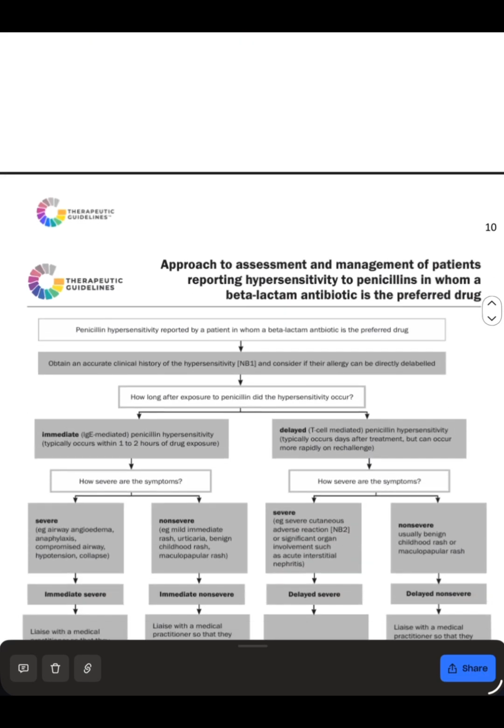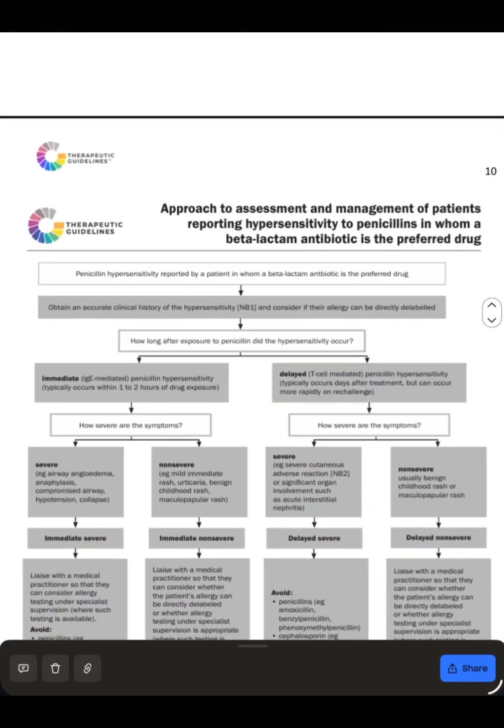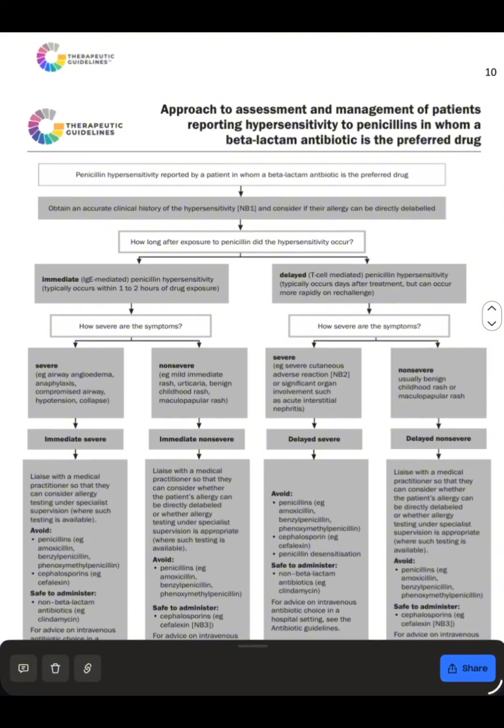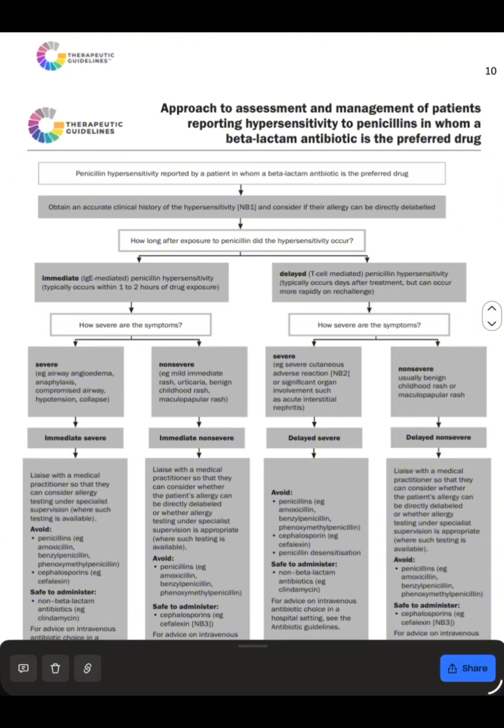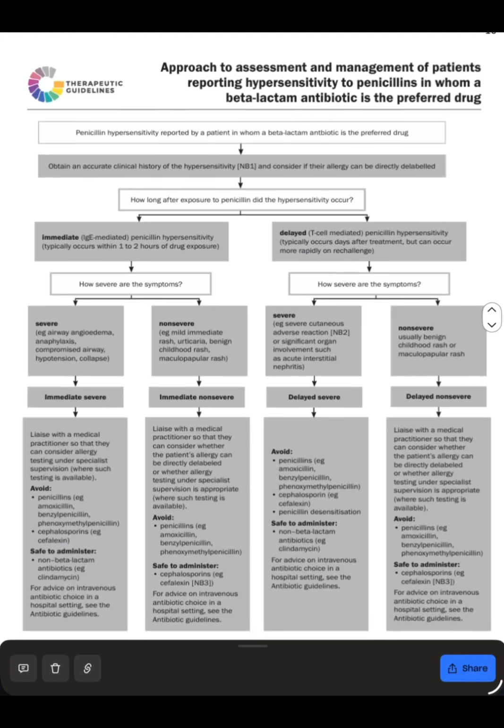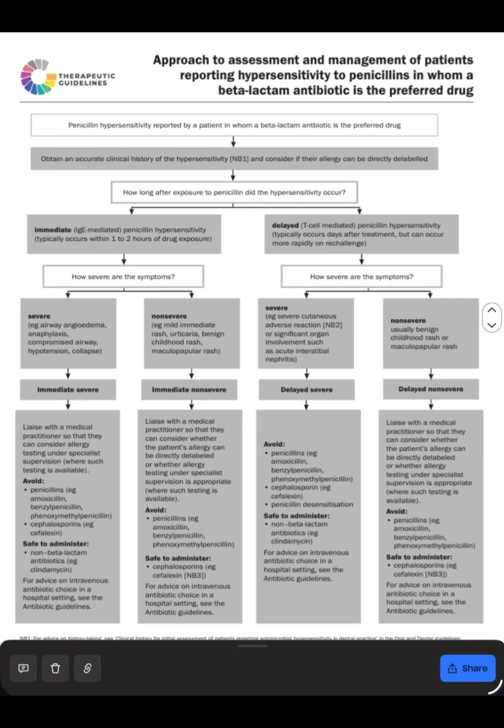Now, this is figure 13.7. It's very, very important, and it's very, very easy to memorize what is written in there. So, approach to assessment and management of patients reporting hypersensitivity to penicillin in whom a beta lactam antibiotic is the preferred drug.